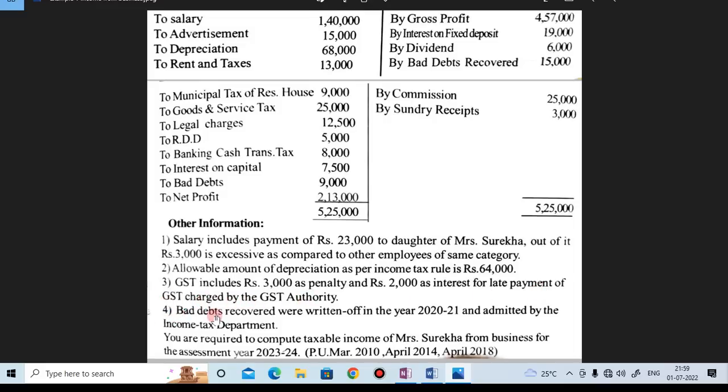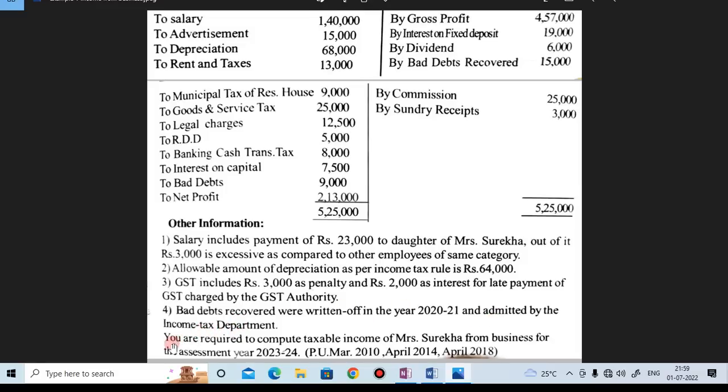Fourth, bad debt recovered were written off in the year 2020-21 and admitted by the income tax department. So bad debts were recovered in the last year and now the income tax department has admitted it.